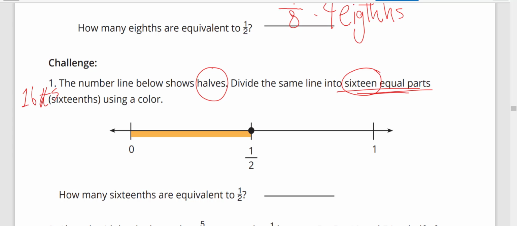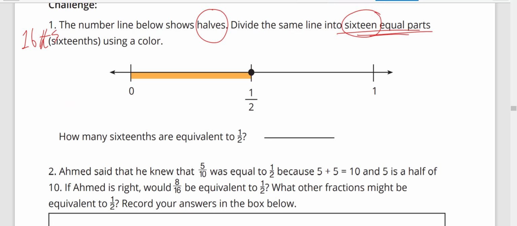At first divide it into halves, then divide each half into half. Here we have 4 equal parts. Then divide each part into 2 equal parts. Then we have 8 equal parts. Then divide each part into 2 equal parts, as we can.